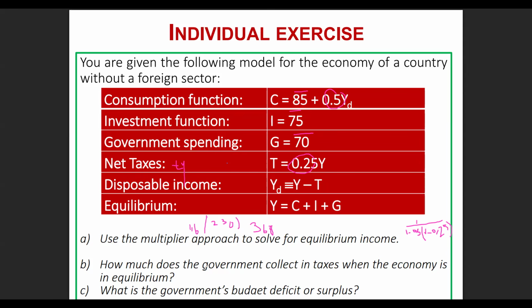Right. Then they ask, how much does the government collect in taxes when the economy is in equilibrium? When the economy is in equilibrium, the income is this amount.